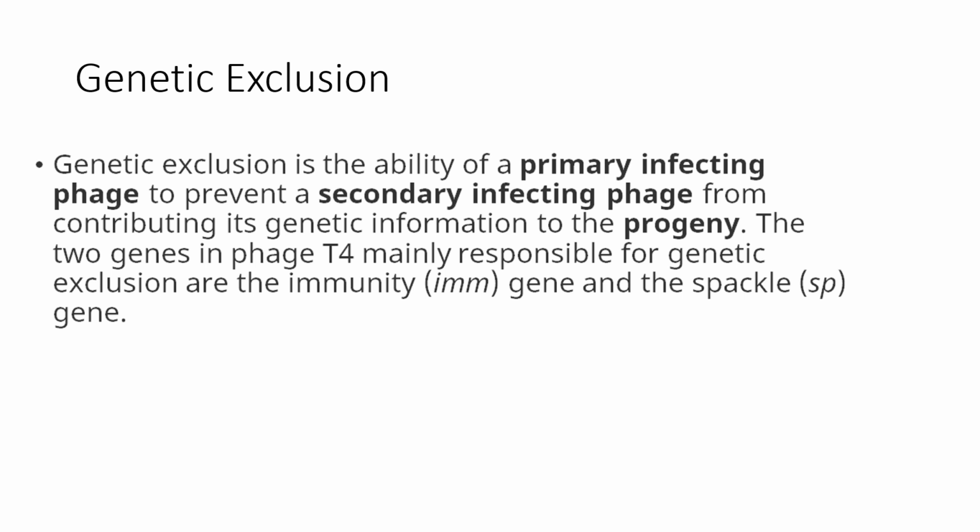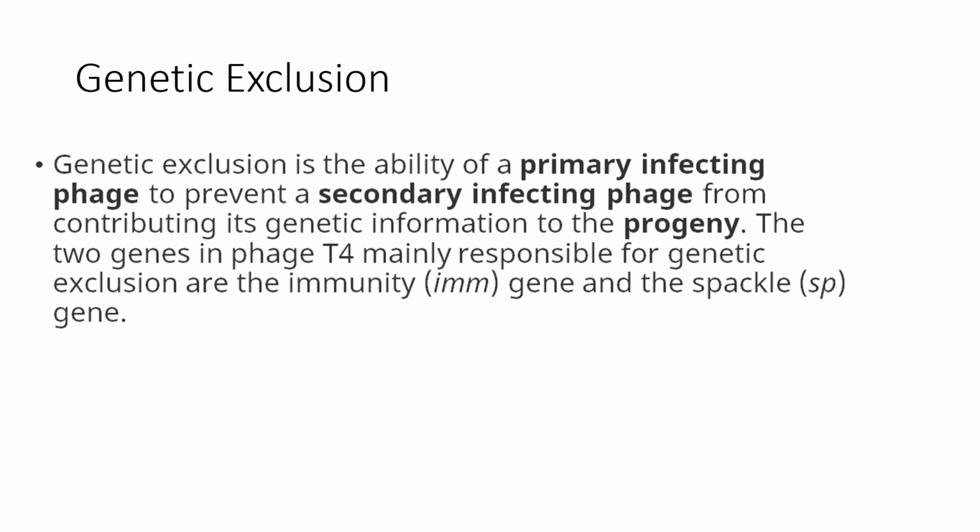They write, genetic exclusion is the ability of a primary infecting phage to prevent a secondary infecting phage from contributing its genetic information to the progeny.